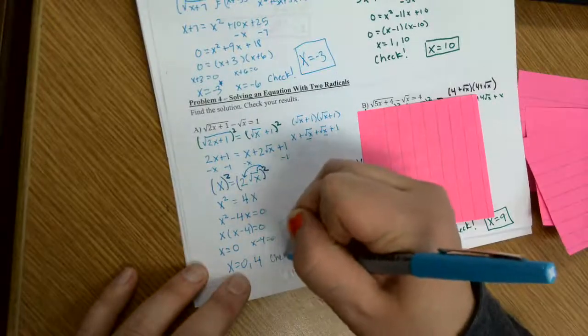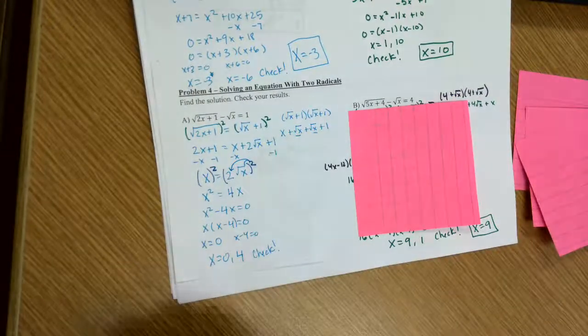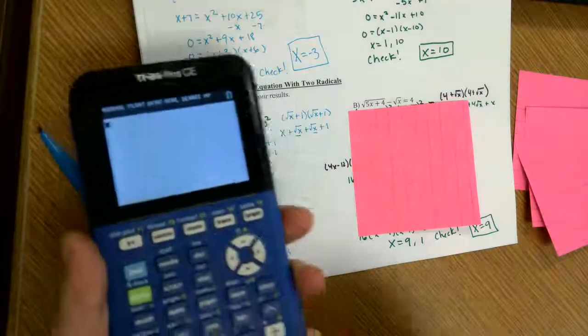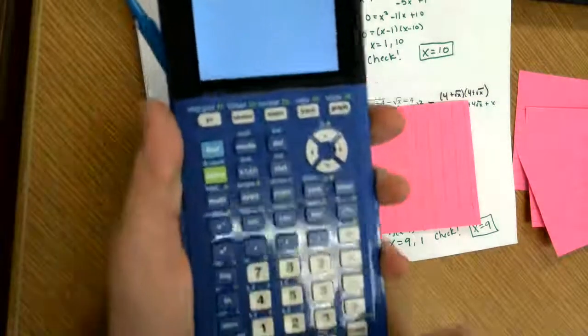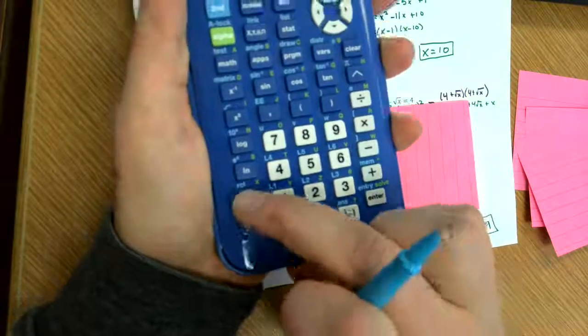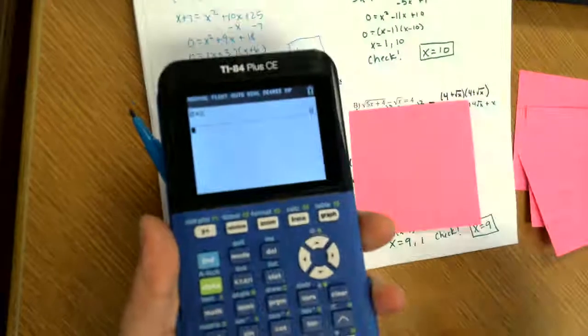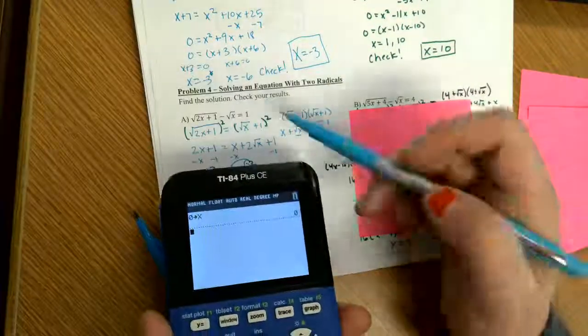You have to check. So looking at this again, first I'm going to store the 0. So I'm going to do 0, store, x. Okay, that's blurry. Sorry for that. Now I'm going to type in this equation right here.